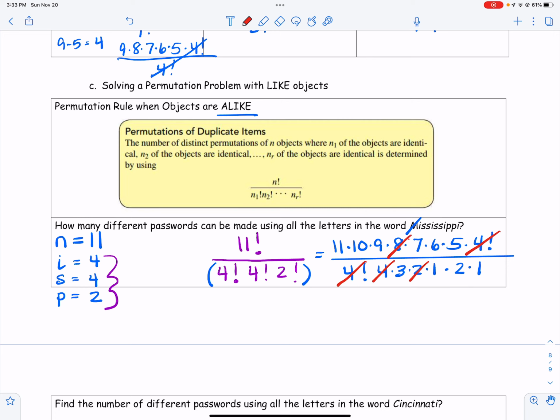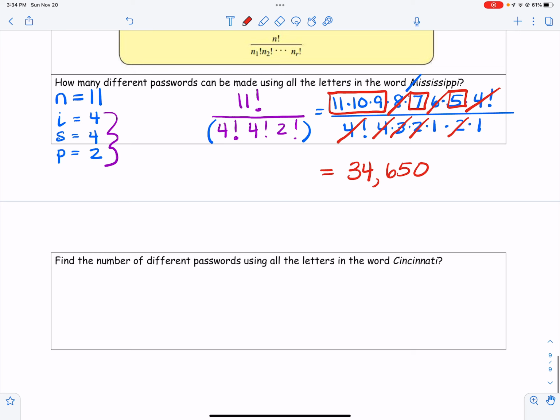So I can cancel out the 8. And then I've got 3 times 2, and that makes 6. So now what I have to multiply is this times this times this. So 11 times 10 times 9 times 7 times 5 gives me 34,650. And there's really no easy way to do this in the calculator other than using the factorials, okay?